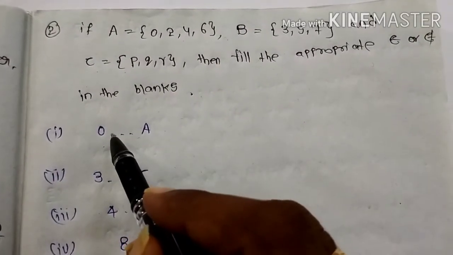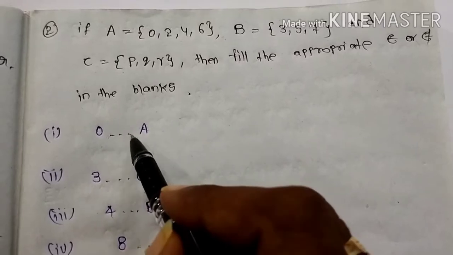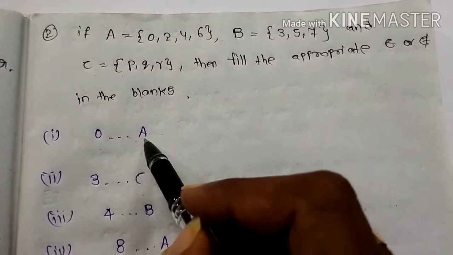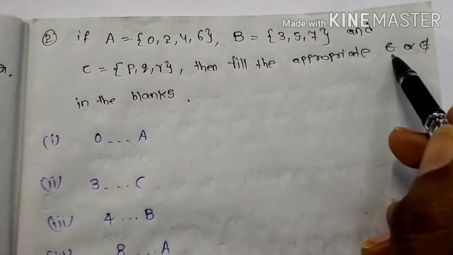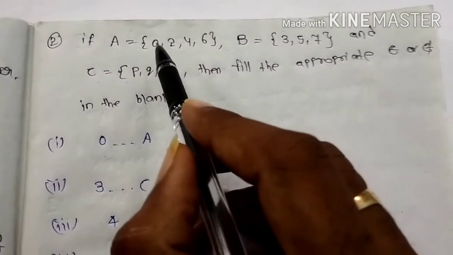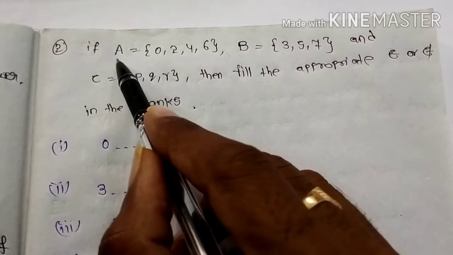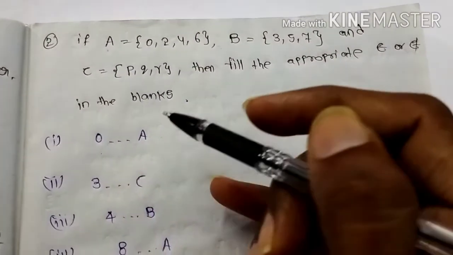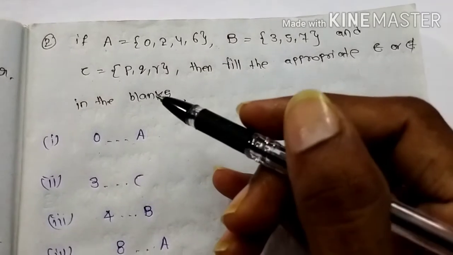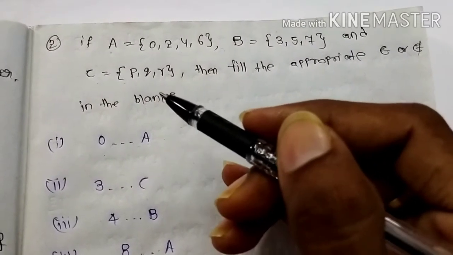First of all, you should know what is meant by belongs to. An object which belongs to a set is called a member of the set.